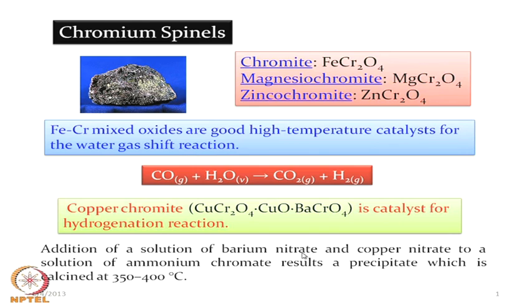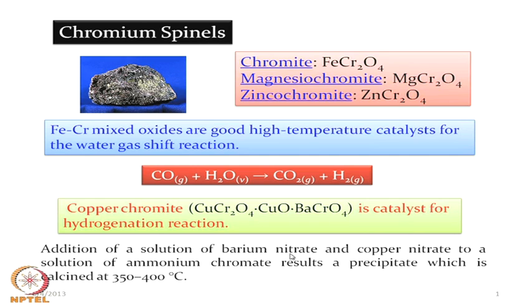Say barium nitrate reacts with ammonium chromate, giving rise to barium chromate, and copper nitrate also reacts with ammonium chromate, giving rise to some copper chromate formulation. Ammonium ion is there, and ammonium nitrate is there basically.